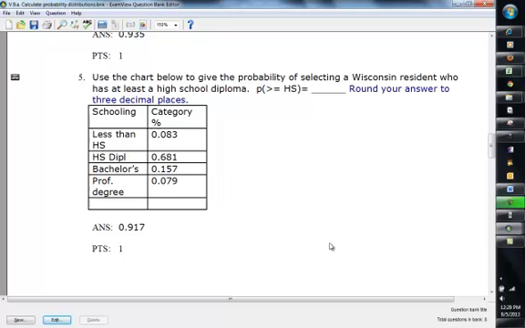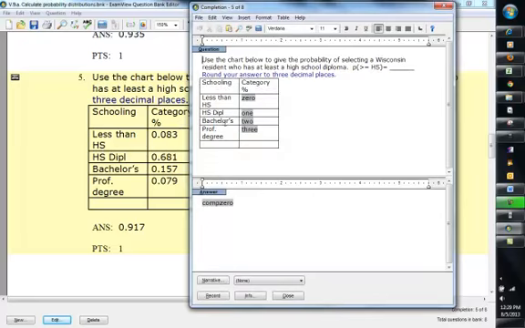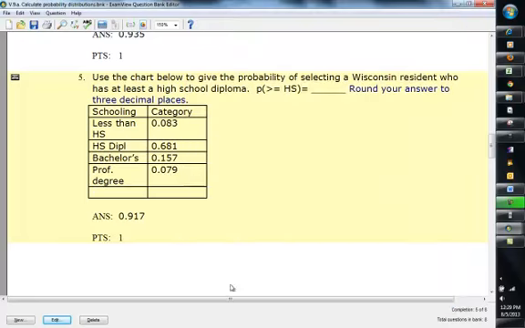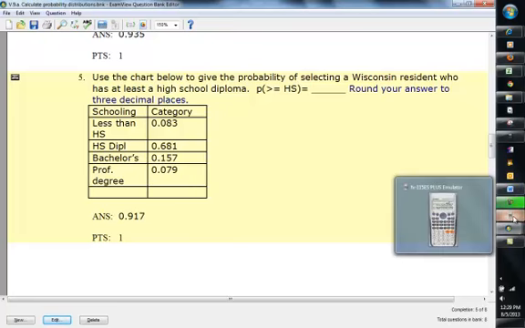Wisconsin resident who has at least a high school diploma. So that would be the high school diploma, bachelor's degree, and professional degree. It'd be easiest to subtract these. These are not percents. It'd be easiest to just subtract those from 1.